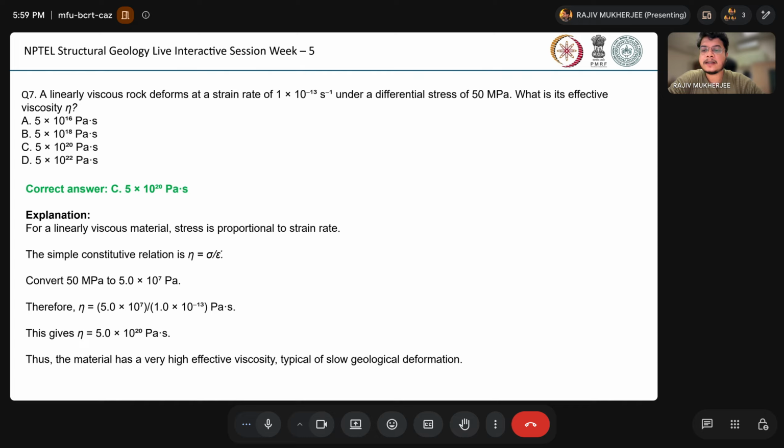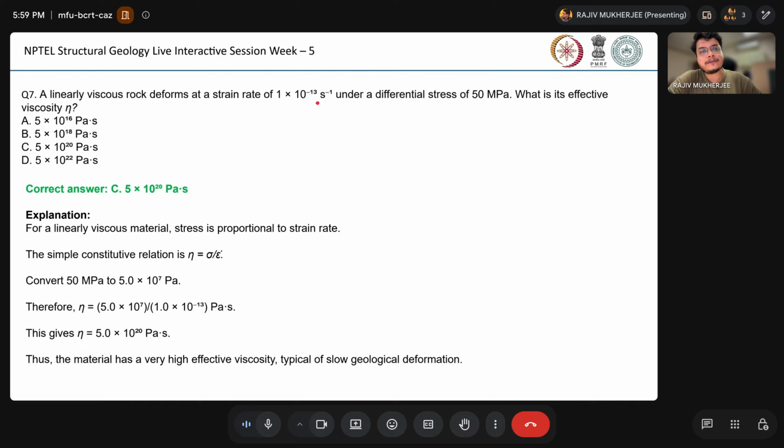So thus the material has a very high effective viscosity typical of slow geological deformation. So this is the range we generally talk about, because even though the stress of 50 MPa is quite achievable in natural conditions, this is the characteristic strain rate that we generally observe in geological processes, that we generally consider as creep, right?